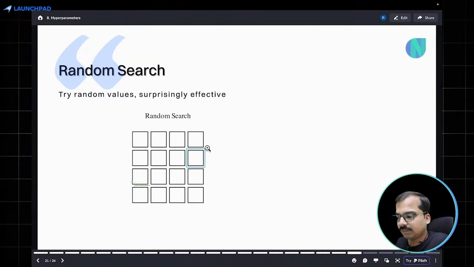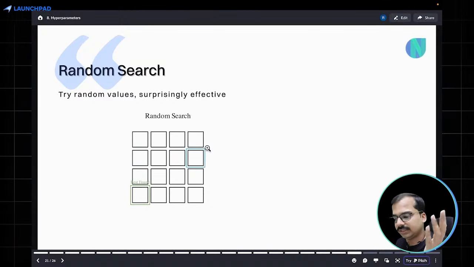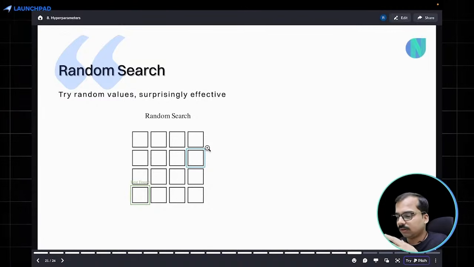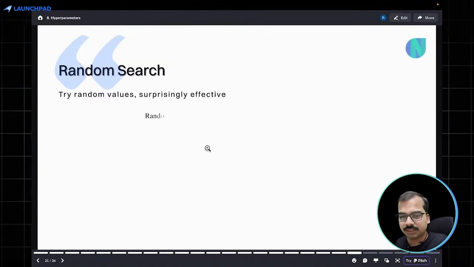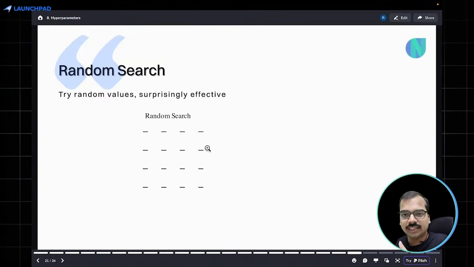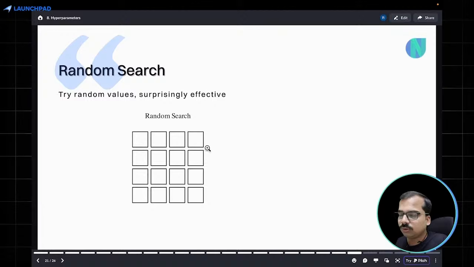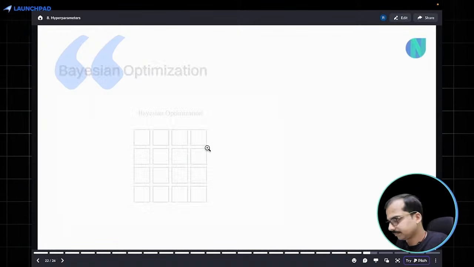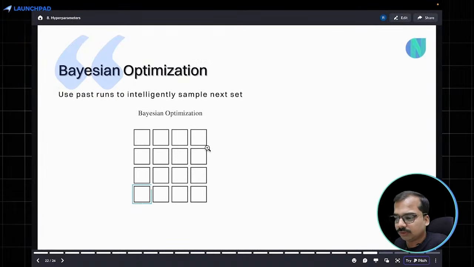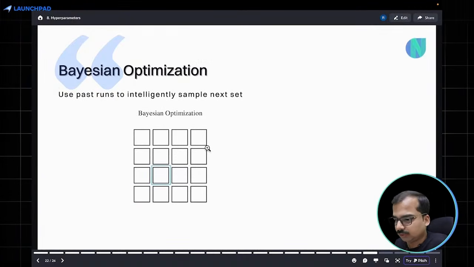A lot of times you initially have a very large search space of, let's say, batch size and learning rate combinations. Let's say you have 100 combinations. First you do random search, then you narrow it down and then do the grid search. That is also an option. Another approach is Bayesian optimization.